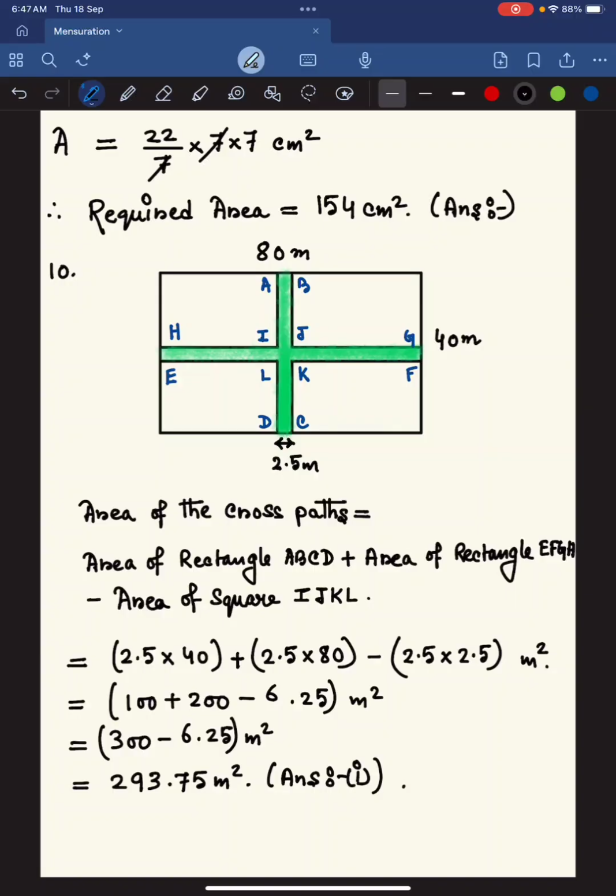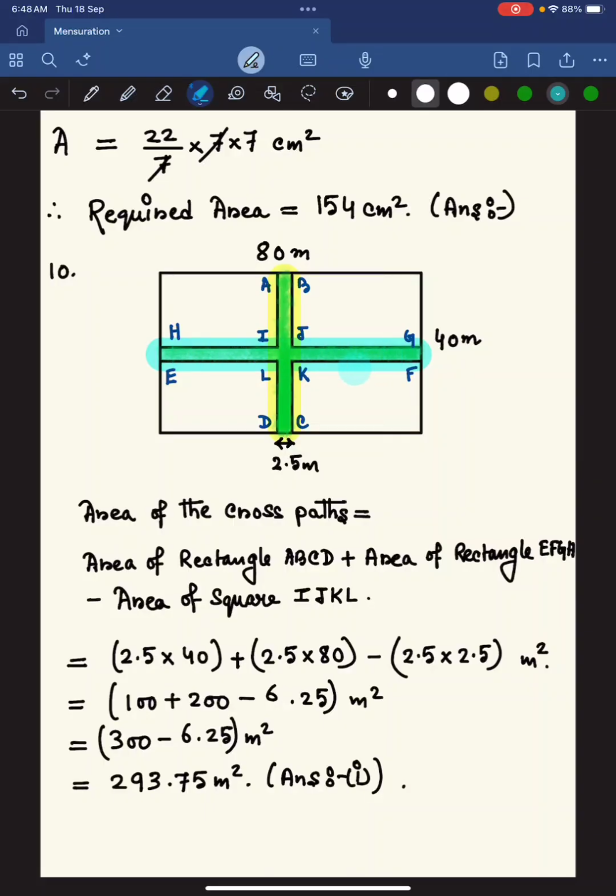Understood? So in order to find out the area of the cross paths, what we can do here is consider this rectangle. If we find out the area of this rectangle, then we get the area of this portion of the path. Again, if we find out the area of this path, then we will get the area of this cross path.